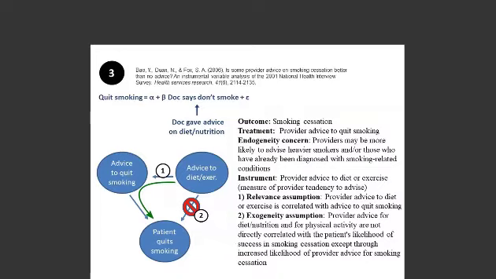In this next example, authors are interested in looking at the impact of doctors' advice to quit smoking on patients' behavior to quit smoking. So the outcome of interest here is smoking cessation. The treatment is provider advice to quit smoking. The endogeneity concern here is that providers may be more likely to advise heavier smokers and/or those who've already been diagnosed with smoking-related conditions.